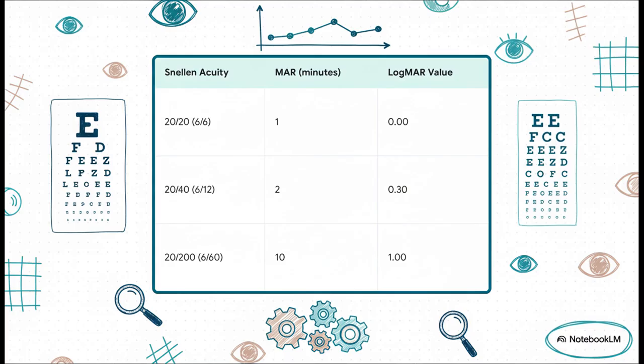So perfect 20/20 vision corresponds to a minimum angle of resolution of 1. And since the logarithm of 1 is 0, 20/20 vision is a logMAR of 0.0. See? Now, if vision gets worse, say to 20/40, the MAR doubles to 2, and the logMAR score becomes 0.3. It's just pure, elegant math.